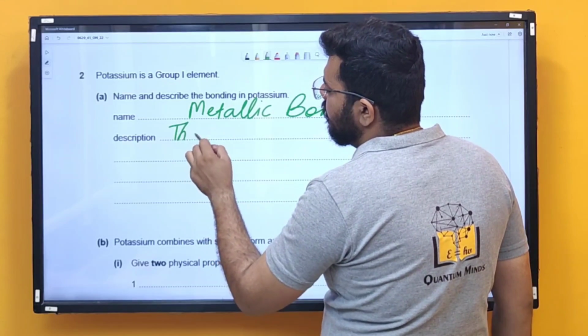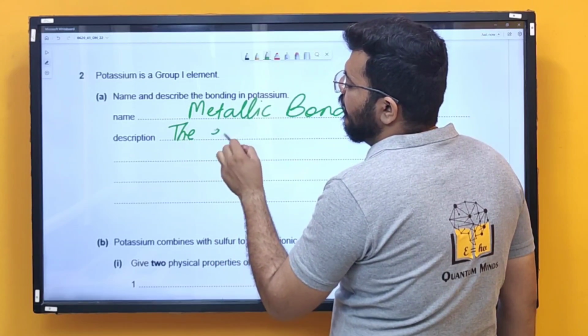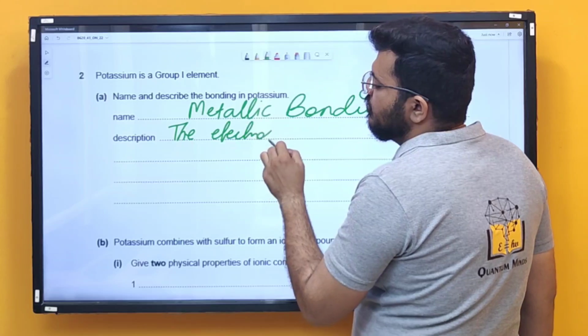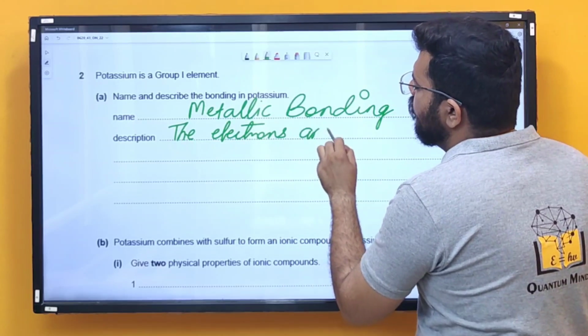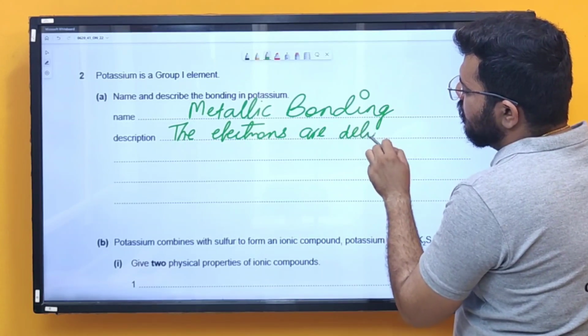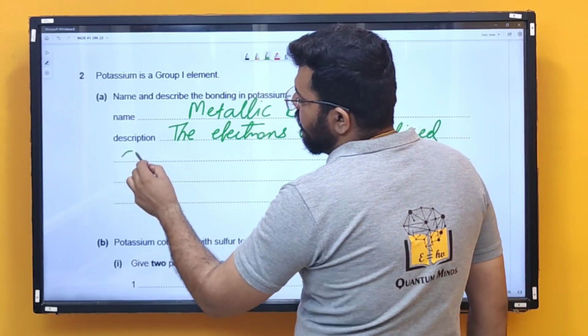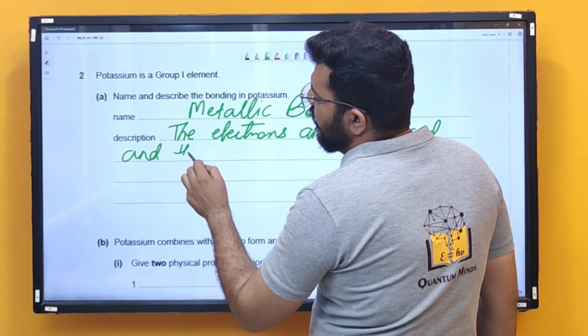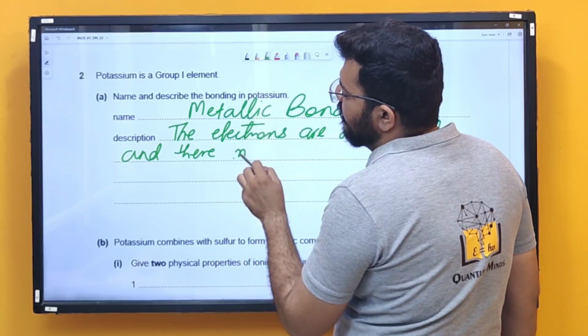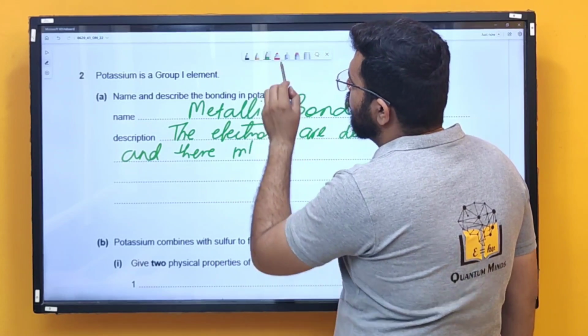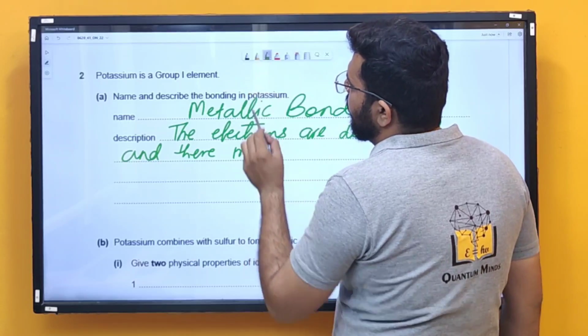The electrons are delocalized and there are metal cations, right? If metal loses electrons, it becomes a cation.